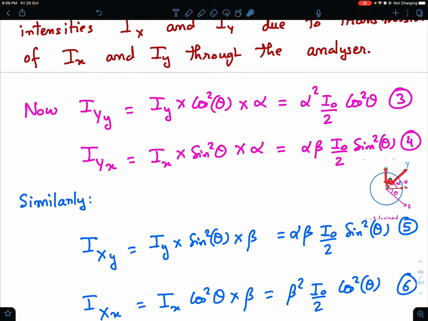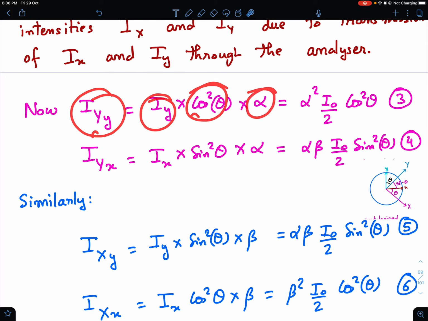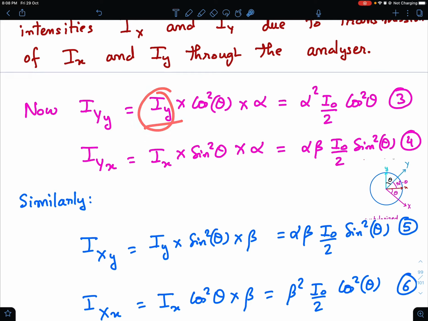Had it been the normal Malus law, it would have been simply Iy into cos square theta, but this also has a transmissivity of alpha, so you need to multiply by alpha again. So I capital Y small y is Iy into cos square theta into alpha. Substituting for Iy from above, you get alpha square I naught by 2 cos square theta. This is what is transmitted through capital Y from the one coming through small y. But the one coming through small x also has some fraction getting transmitted through capital Y.